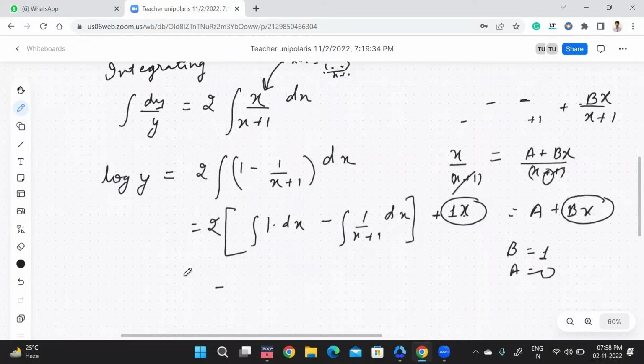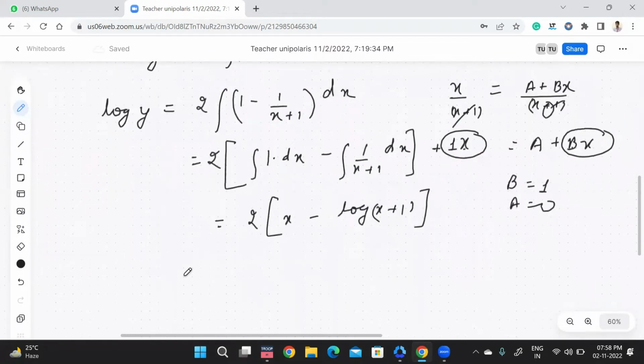Okay, so 1 dx is x, so we get 2 times x, and 1 over x plus 1 integrates to log of x plus 1. So this is the integration of the right side, and on the left we get log y plus an integration constant c.